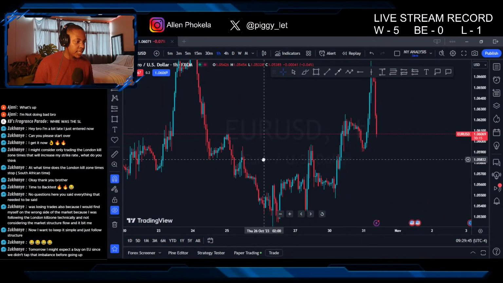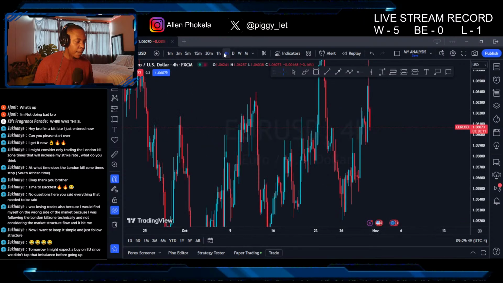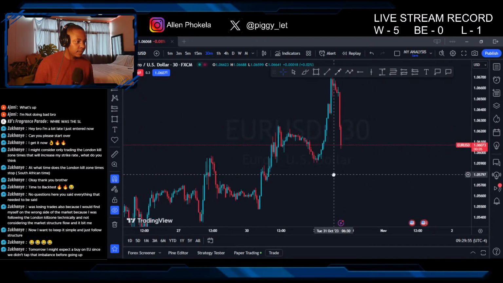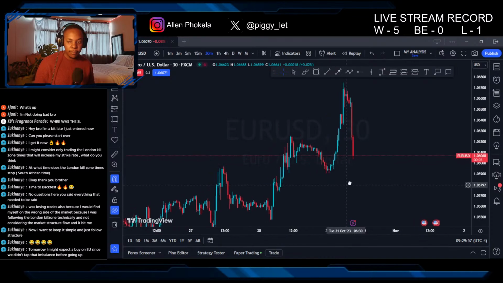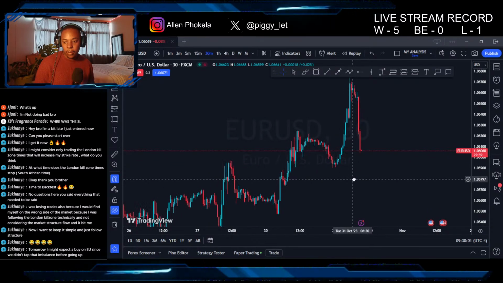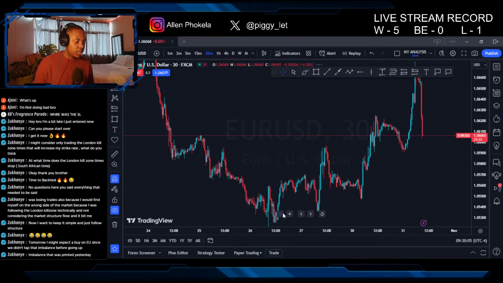Which imbalance? I'm trying to find that one that wasn't printed yesterday.